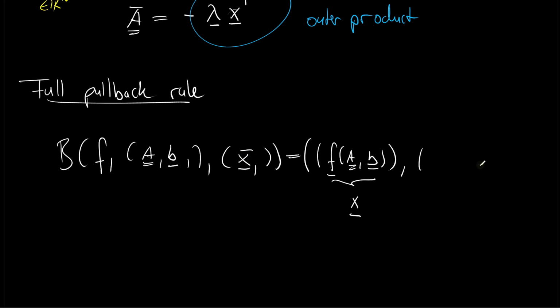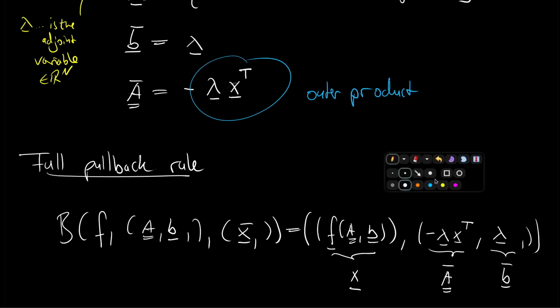Then we first find the cotangent on the output as lambda, so this is b bar, and we will find the cotangent on the matrix as minus lambda times x transpose. So this is the cotangent on the matrix.